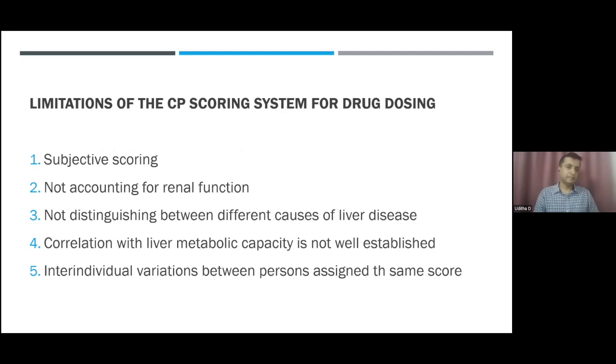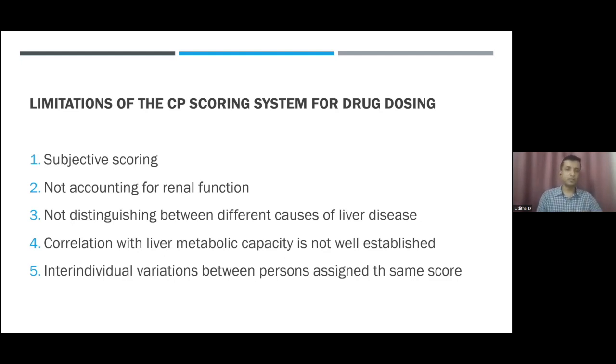The first thing is that it's a subjective scoring, especially for the clinical parameters, the encephalopathy and the ascites, because there could be comorbidities like heart failure or renal failure, which might affect things like ascites. We are not considering those in the final outcome. And of course, more importantly, we do not account for renal function in Child-Pugh scoring.